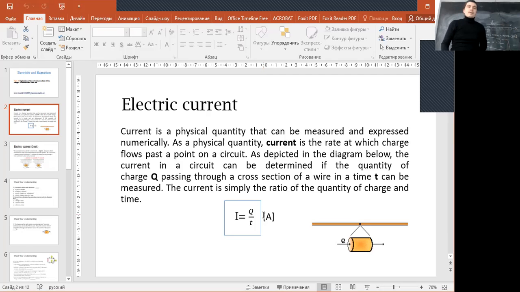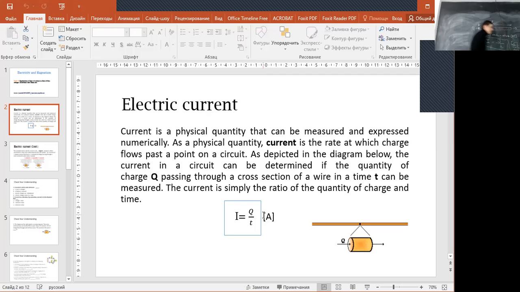The unit of charge is coulomb. What about the unit of time? Seconds. So coulomb per second.